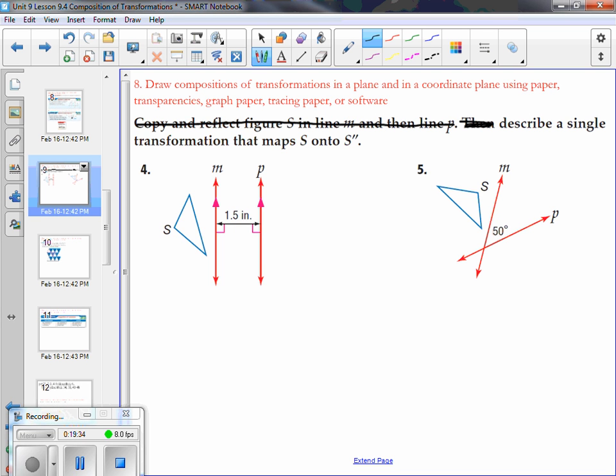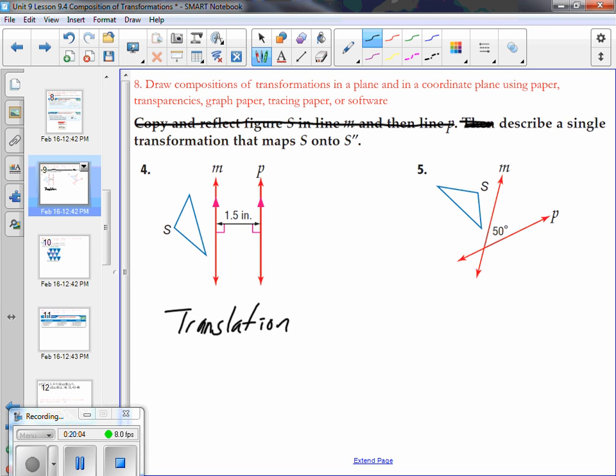So our key is, are the lines of reflection parallel or are they intersecting? In number 4, our lines of reflection are parallel, so doing two reflections with parallel lines is the same thing as translation. So all you write down is translation. Then we look at number 5.